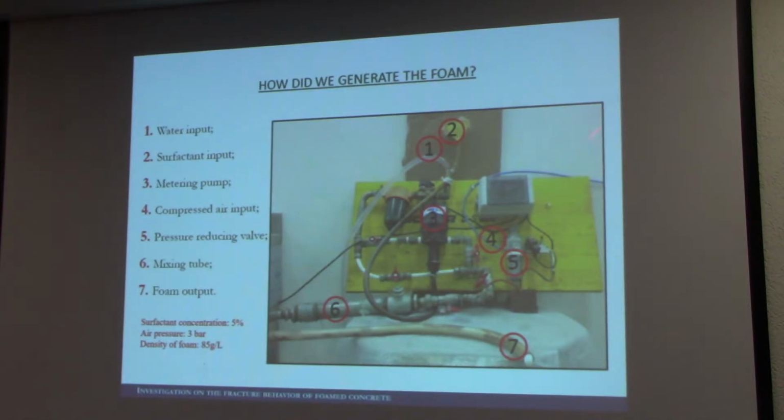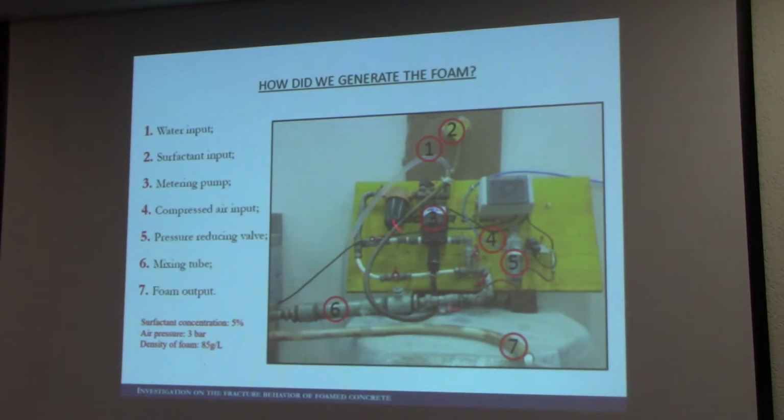To generate the foam, we used a very simple and homemade foam generator, which is composed of channels 1 and 2, which convey water and surfactant at a specific concentration of 5% that are mixed together. There is also, from elements 4 and 5, compressed air at a pressure of 3 bar.